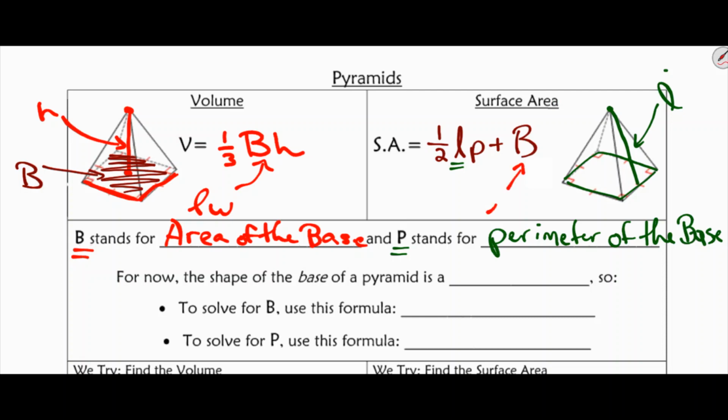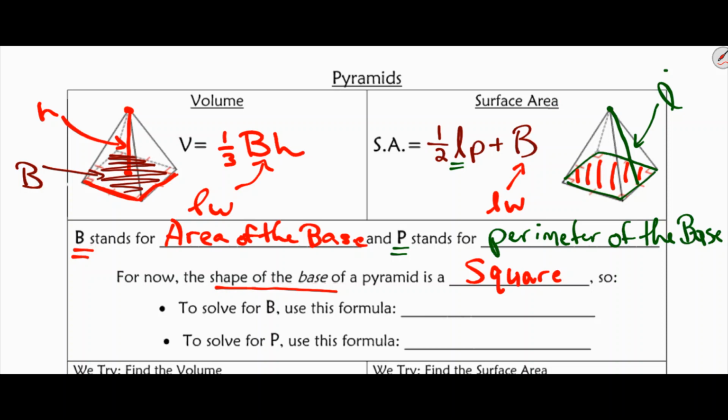Not with the slant height. Still talking about just the bottom. That's still talking about the area of just the shape on the bottom. Okay? The shape of the base for these will all be the same. When you get to geometry, it changes to triangles, rectangles, and really it can be anything you want. But for right now, it's always going to be a square, which is why it's length times width.